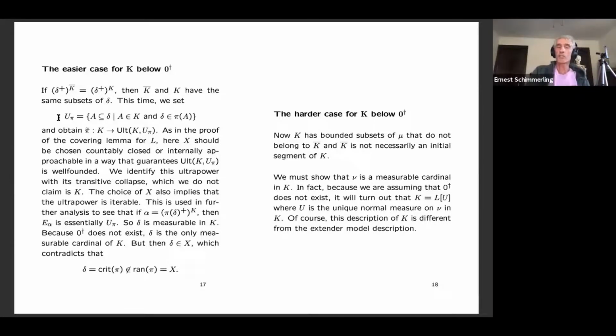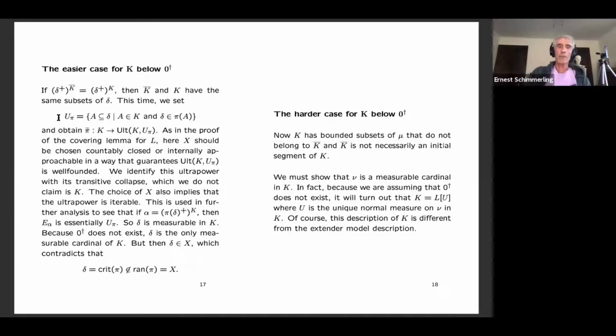Then we take the ultrapower, call that pi tilde, and as in the covering lemma for L, we choose X either countably closed, if that's possible, or internally approachable in some way that's adequate to guarantee this ultrapower is well-founded. And again, we identify the ultrapower with its transitive collapse.